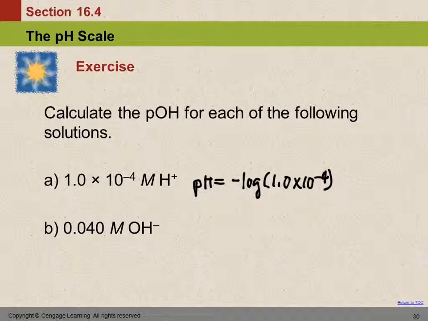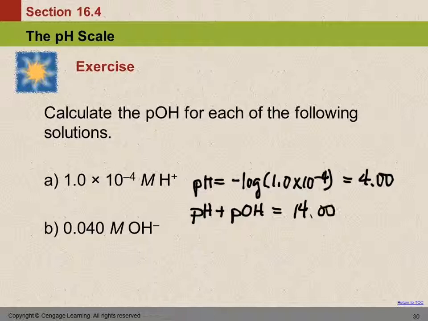This pH is equal to 4. We know that pH plus pOH equals 14. So if pH is 4, pOH must be 10, right? When it's simple numbers, we can look at it and see it.